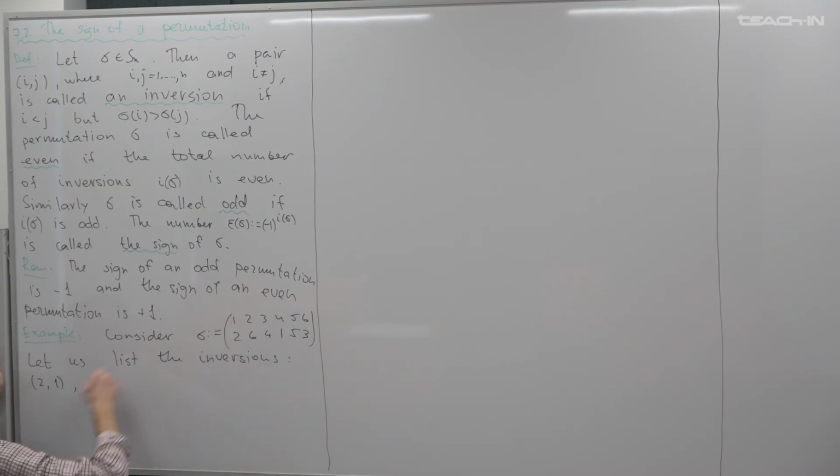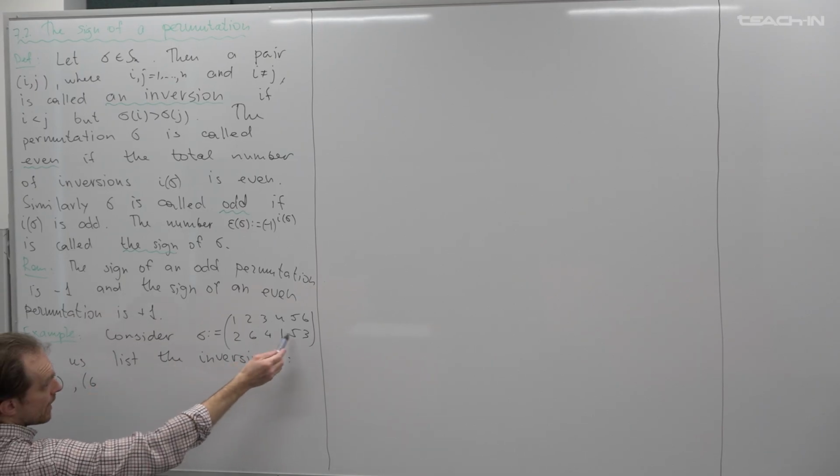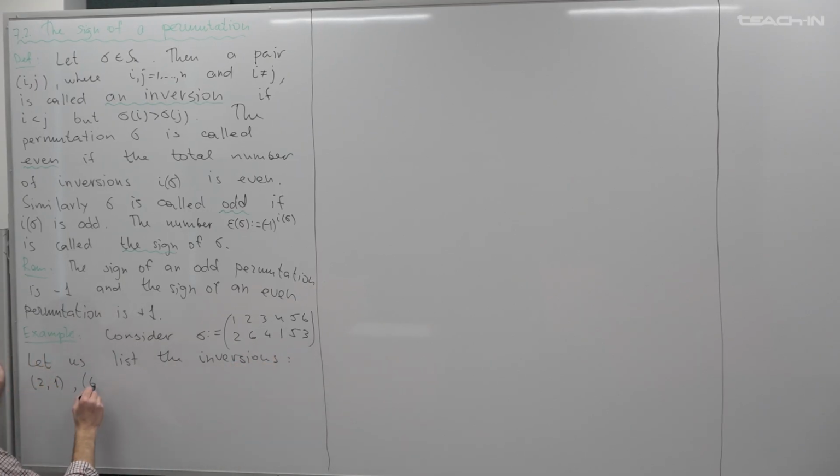Okay, so 6. 6 is in inversion with every element that is to the right of 6, so we have 4 more inversions with 6: 6, 4, 6, 1, 6, 5, and 6, 3.